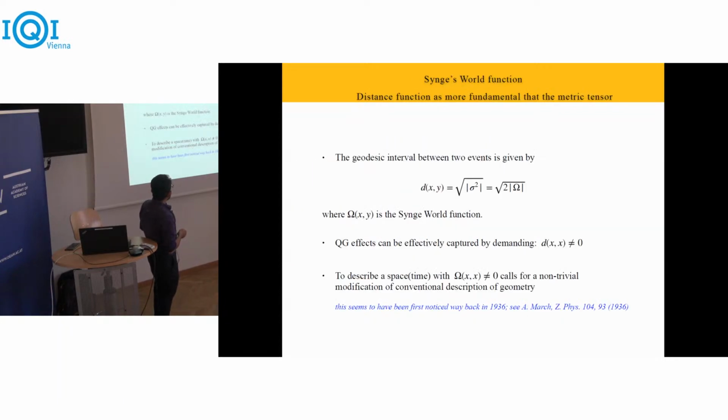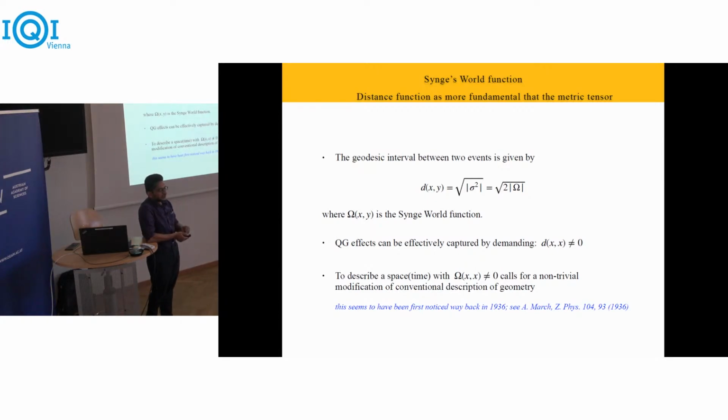So, what we do is first try to find a mathematical statement of the fact that there is a zero-point length in space time. We consider again the Synge world function, the geodesic distance between two points, and we say that a quantum space time is supposed to have a zero-point length if the geodesic distance between the two points does not go to zero when the points are coincident.